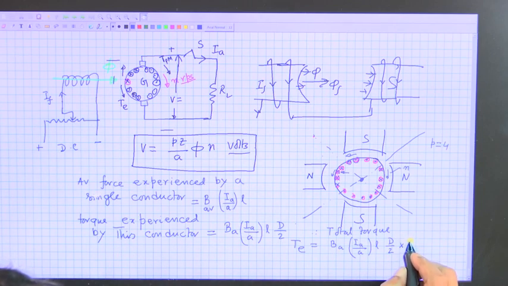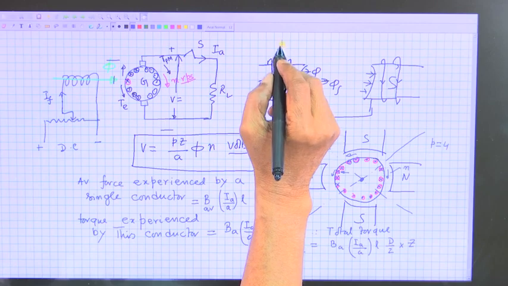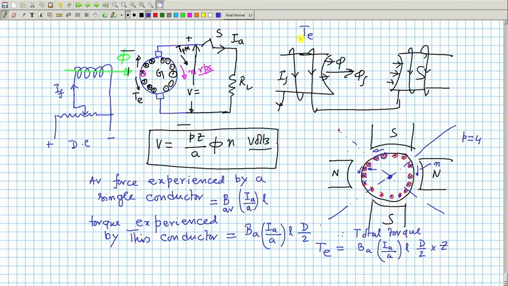Therefore, it must be multiplied with Z, not with Z by A. Therefore, finally, the electromagnetic torque will be equal to B average into I_A by A, the current flowing through each conductor, into L into d by 2 into Z.